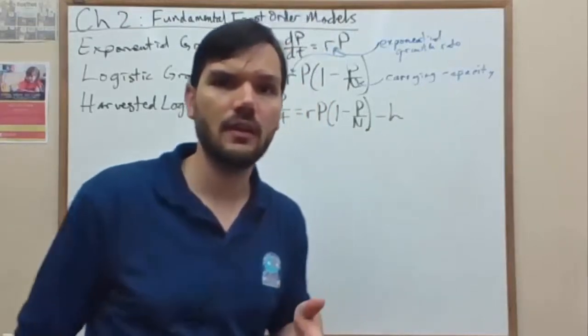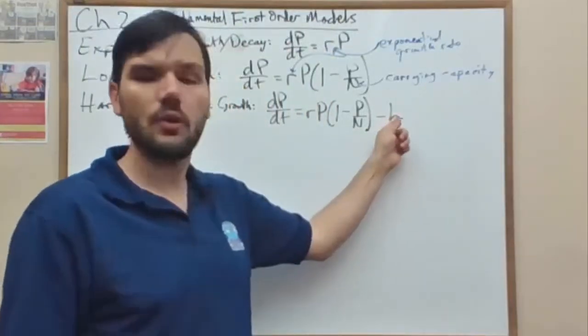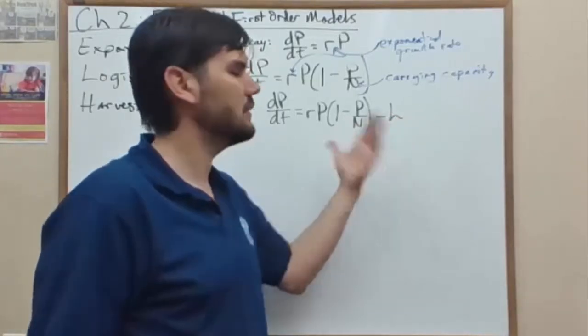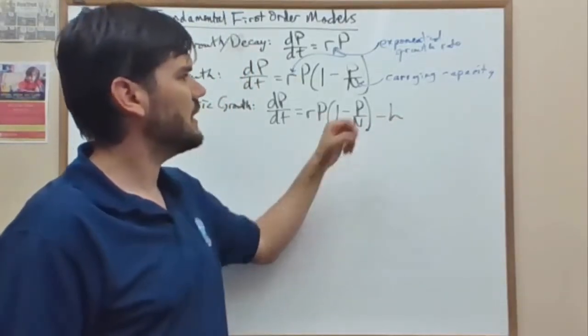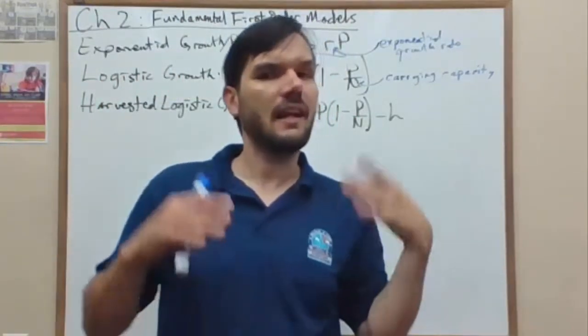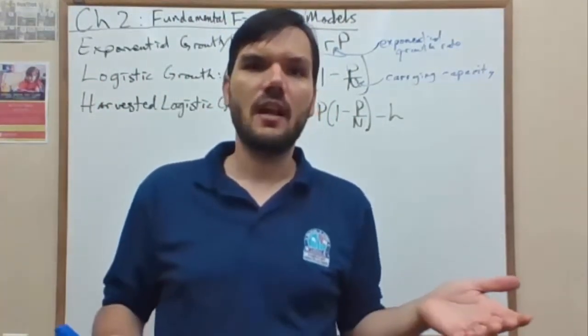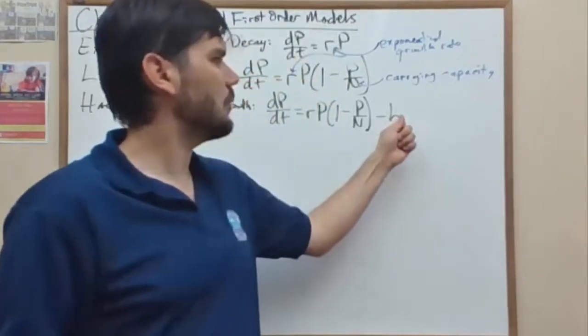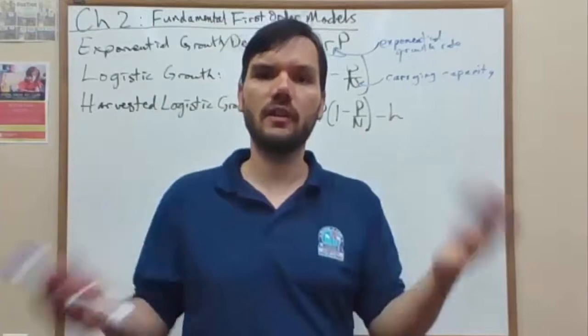And there's a point where H can be too big to have any roots of this polynomial. Now, if we look at this in terms of P, it's a quadratic, which will have two different roots. But under certain conditions, that quadratic may not have any real roots. And that's the point where the population is over-harvested.